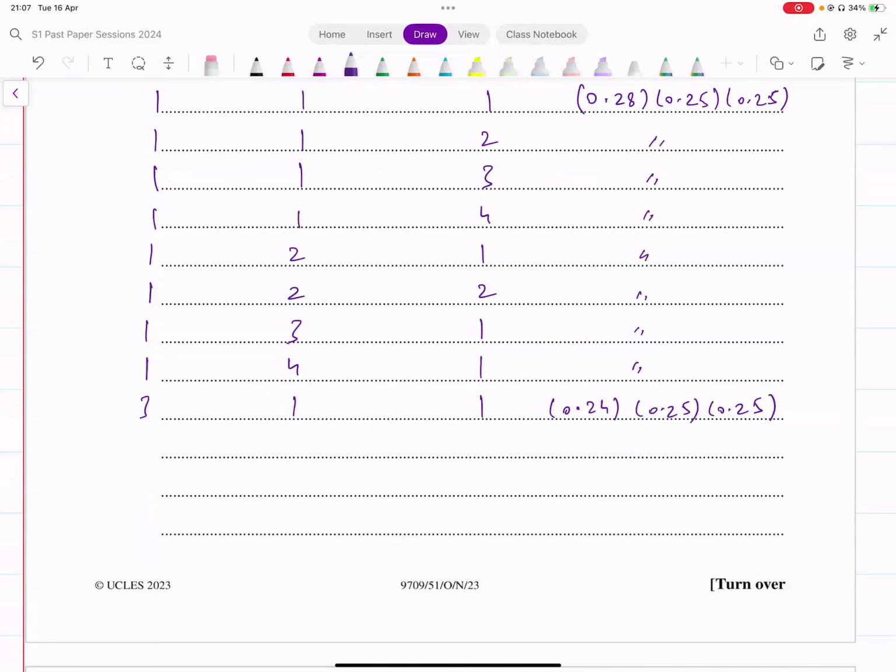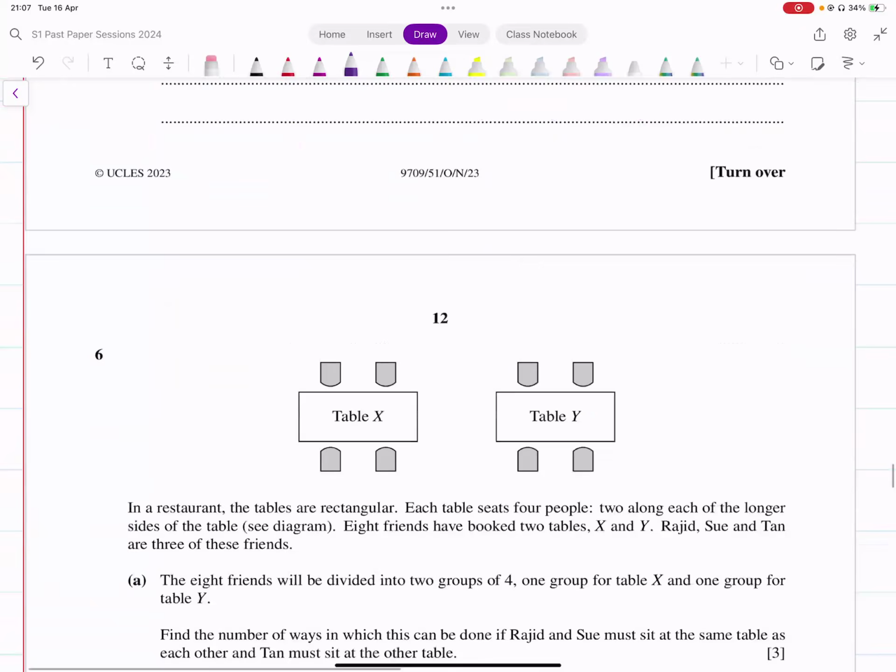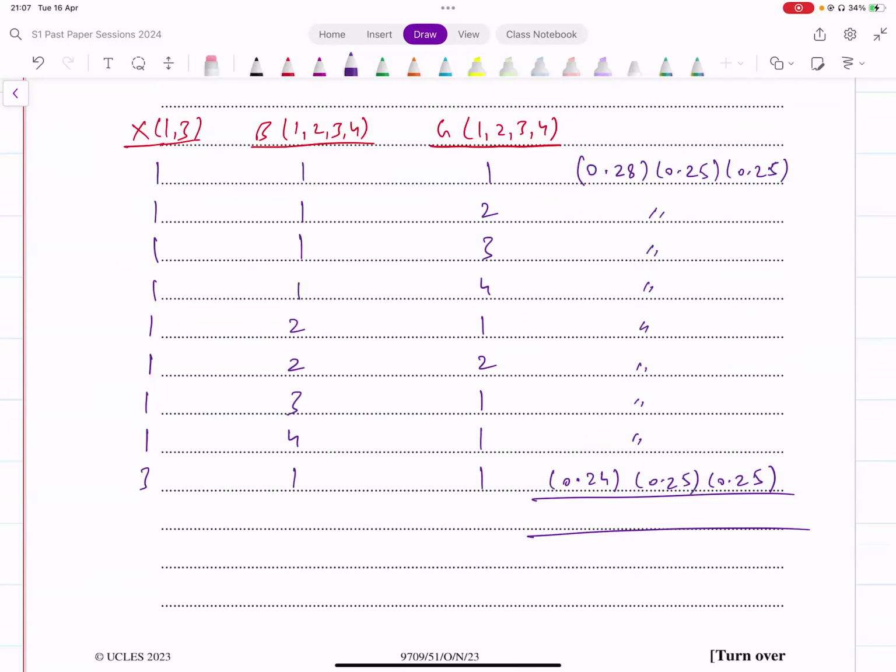And that gives you the numerator in that formula that you will be using. Let's see what this turns out to be. Add all of these numbers up and see what that gives you. You can count how many cases we have: 1, 2, 3, 4, 5, 6, 7, 8. So 8 into 0.28 into 0.25 into 0.25 plus this last case, which is 0.24 into 0.25 into 0.25.